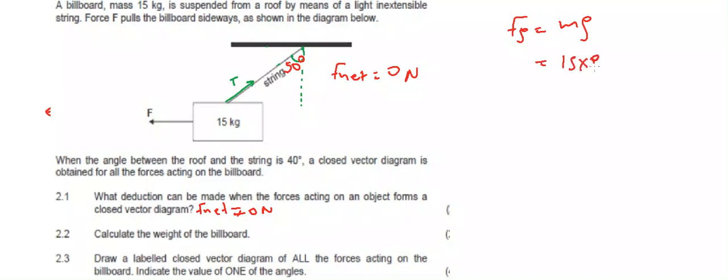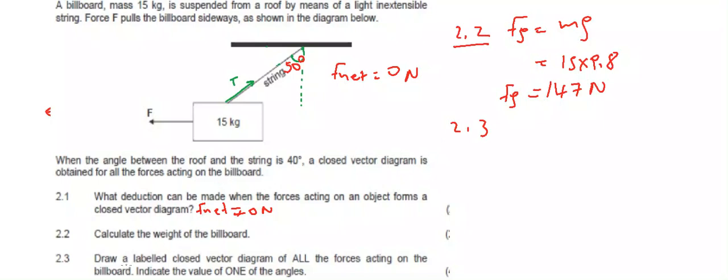The mass is 15 times 9,8. Let's press the calculator. 15 times 9,8 is 147. So the weight is 147 newtons. That is Fg. This is question 2.2.